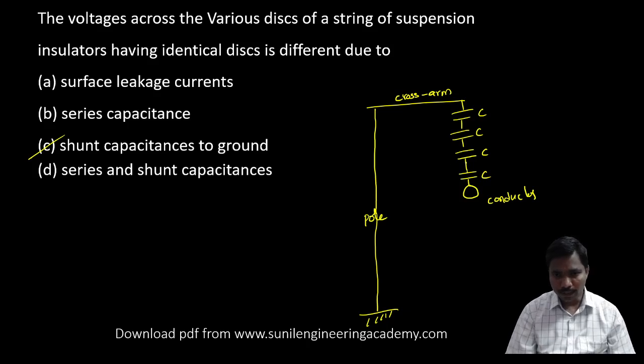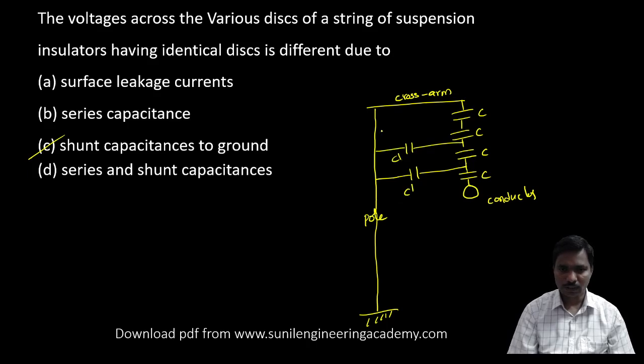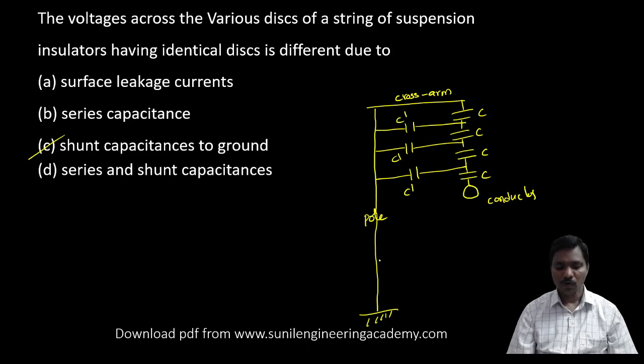Between the pole and this conductor there is also some mutual capacitance formed. Let us take it as C dash, here also C dash, here also C dash.